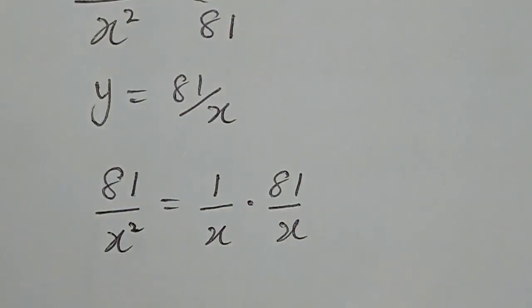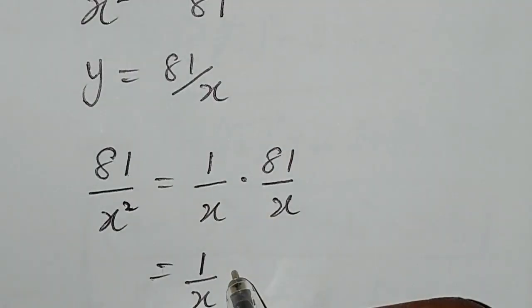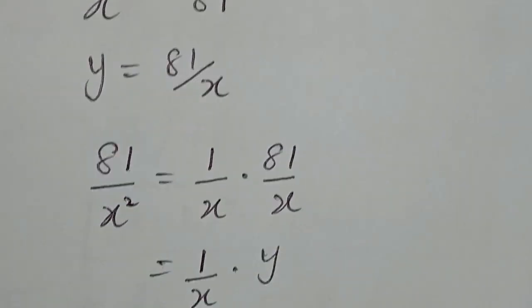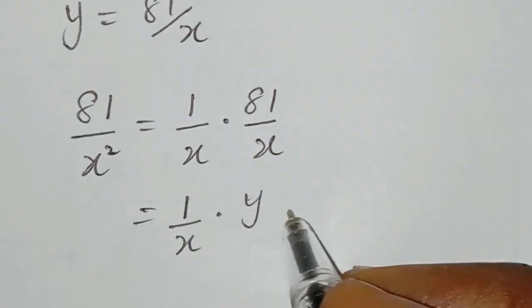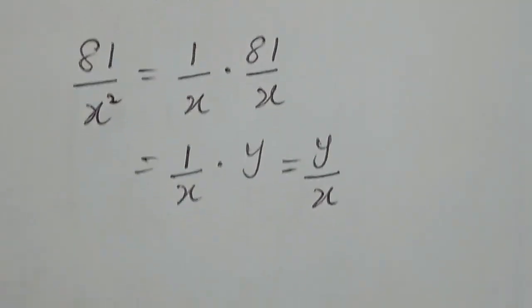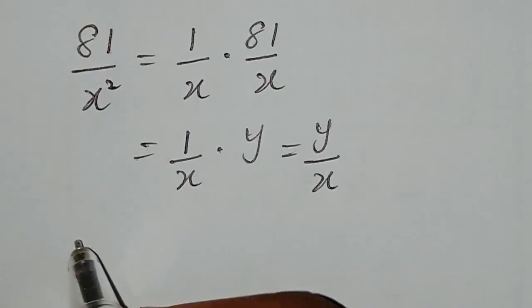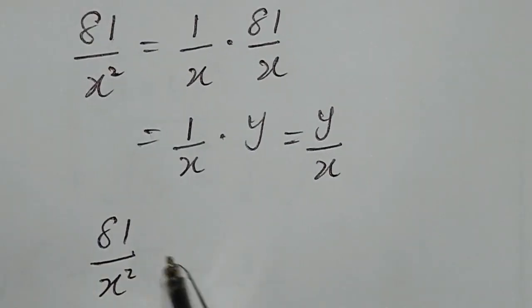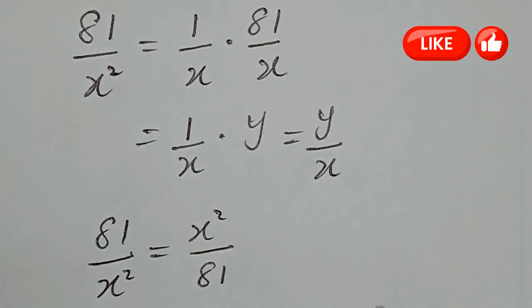Now let's put our y here. That will be equal to 1 over x multiplied by y, and this can give us y over x. So back to our question, we have 81 over x squared equals x squared over 81.